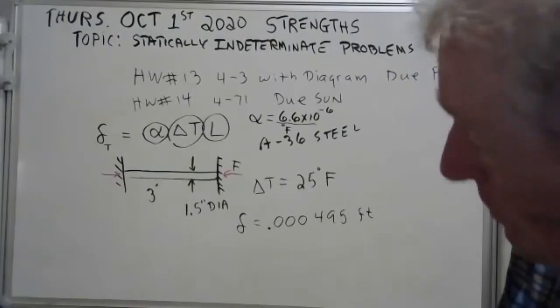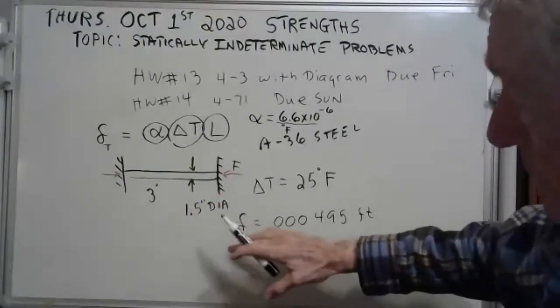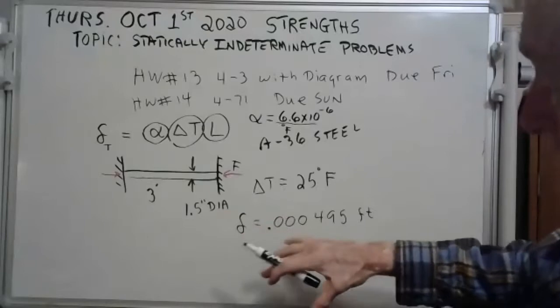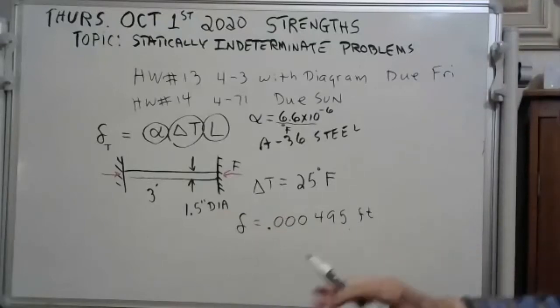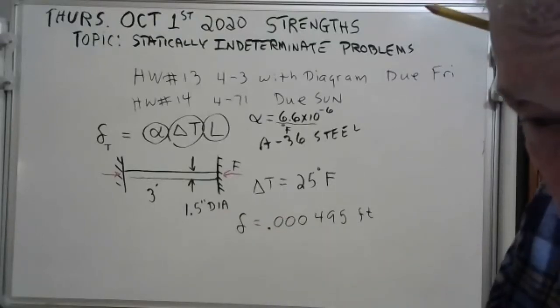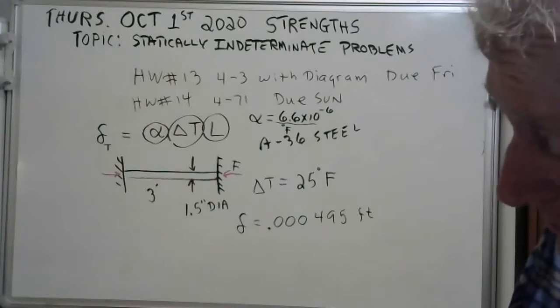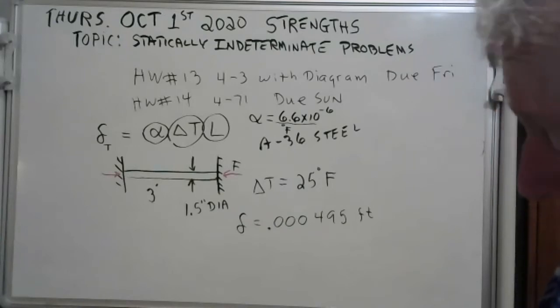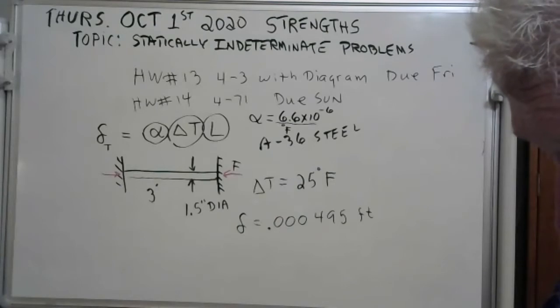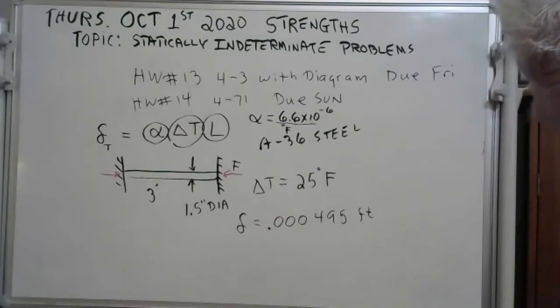Okay, now here's the problem. According to this, the rod expands, not very much. You could convert that to inches if you wanted to. Let me do that just for kicks.